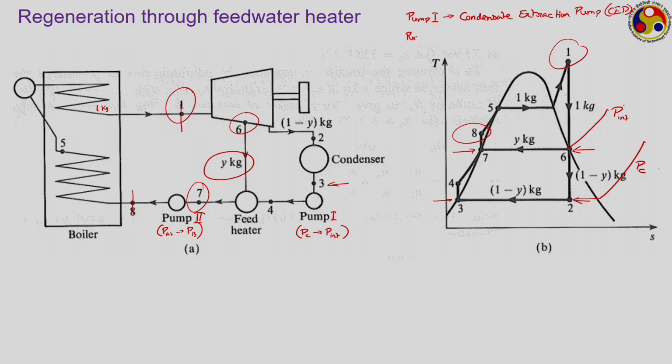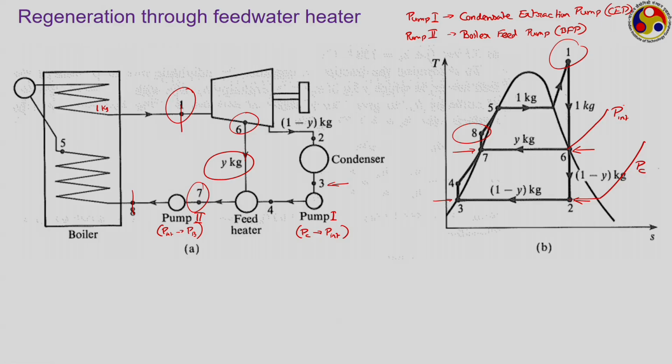And pump 2, as it is going to supply the feed water back to the boiler, is called the boiler feed pump, as I just mentioned, or in short BFP.